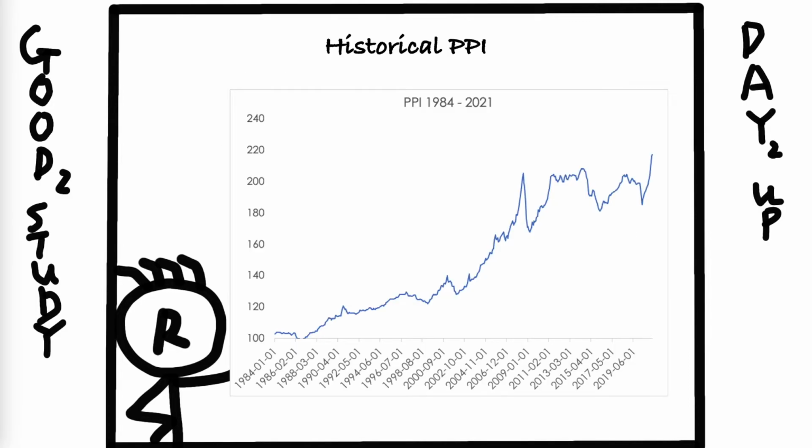This is a chart for PPI from 1984 to now, with 1984 as the base year. We can see that PPI is much more volatile compared to CPI. This is partly because PPI is heavily influenced by commodity prices, which are highly volatile.